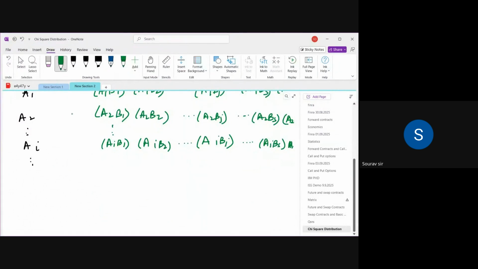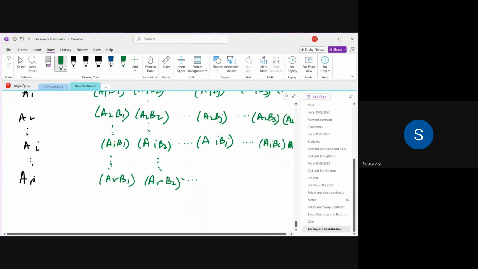Next, after Ai, in the same way, we end it. So here we have ArB1, ArB2, dot, dot, dot. These all are going because these are in series.